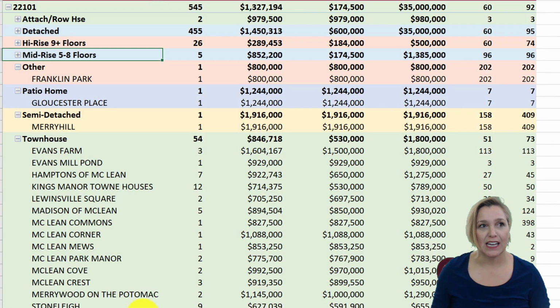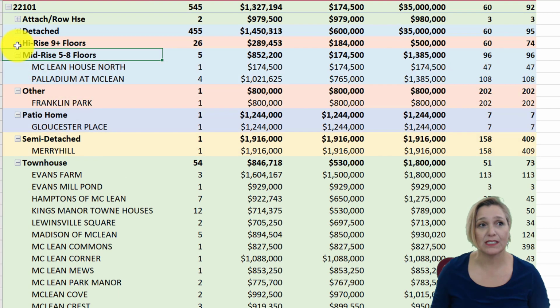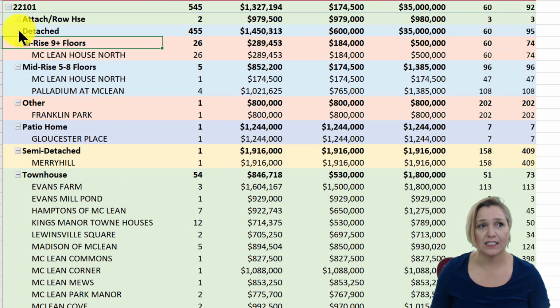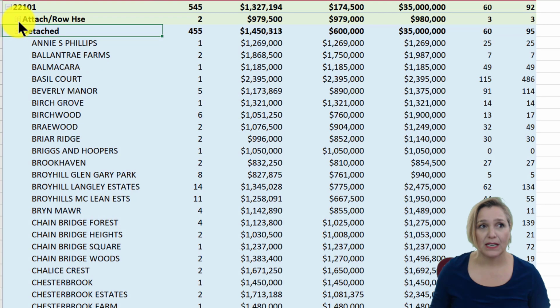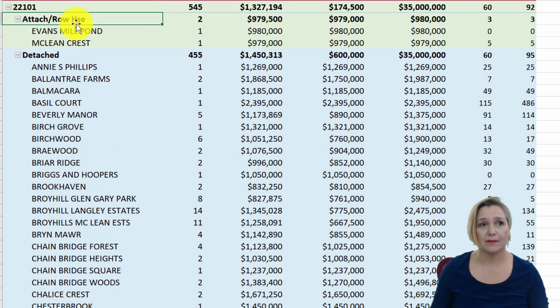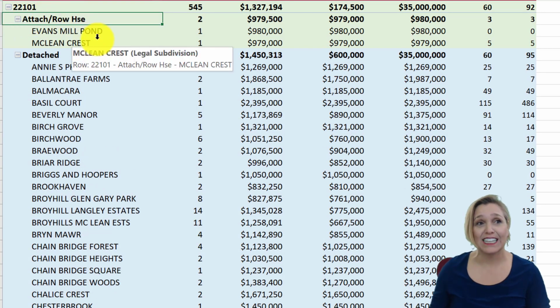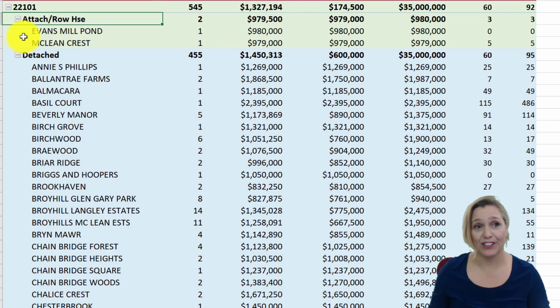So the next one we have is by zip code, and you're going to be able to see all of the details of this. We have by zip code, by property type, and then all the way down to neighborhood information.